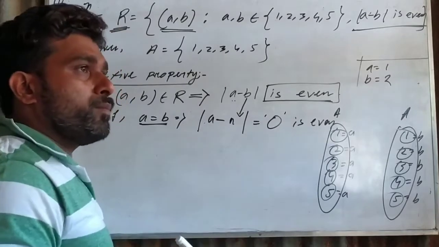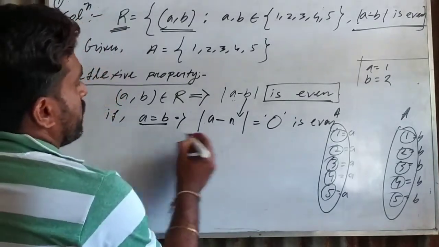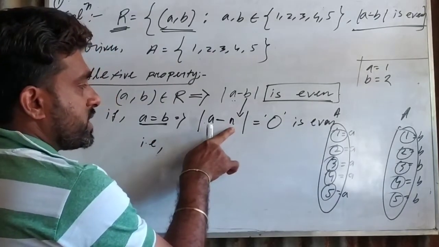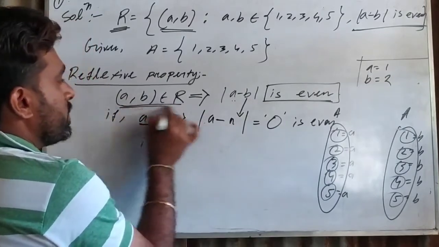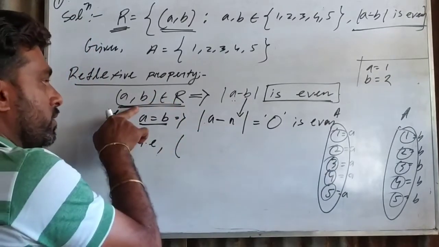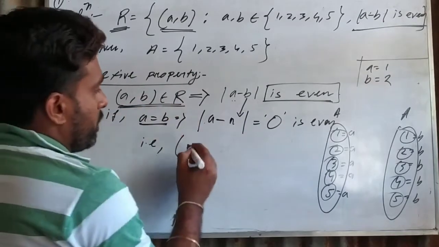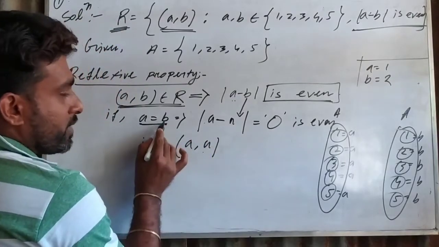That means you can plot the same value in place of a and b here. If you choose a in place of b, then the ordered pair, which in the question is (a, b) belongs to R, will become (a, a), because we have chosen a in place of b.